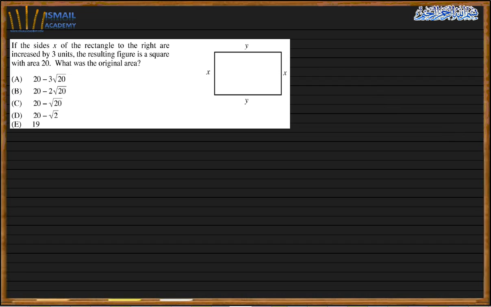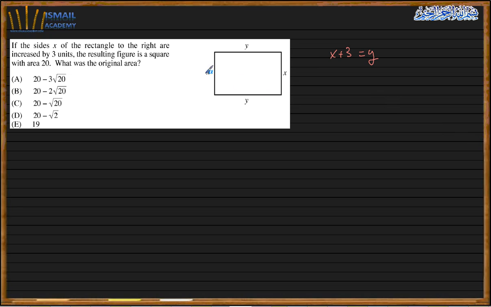Next question. If the side x of the rectangle to the right is increased by 3, so if I add 3 to this one, the resulting figure is a square, which means that if I increase x by 3, it will become equal to y, because the square has 4 equal sides.